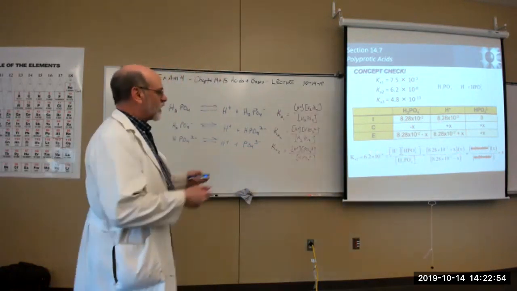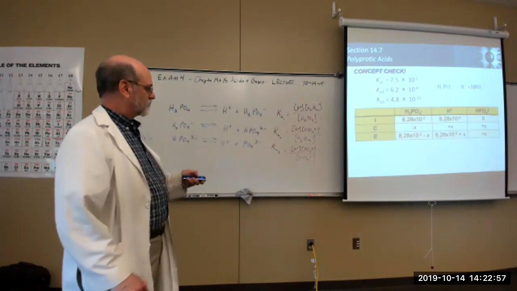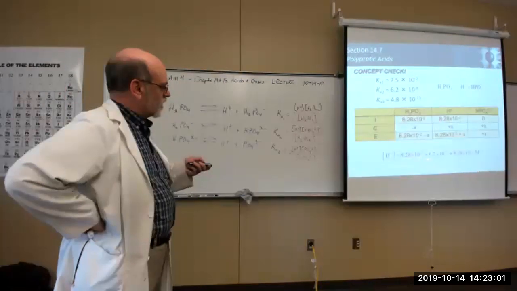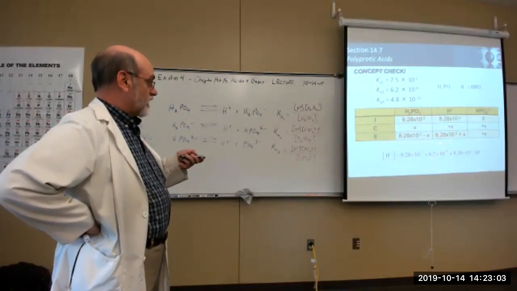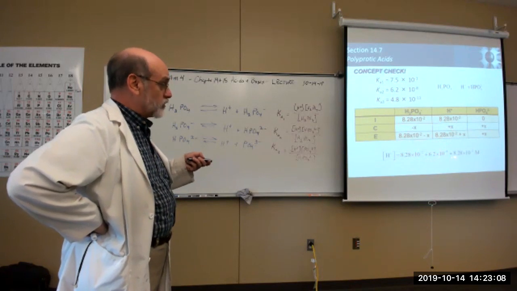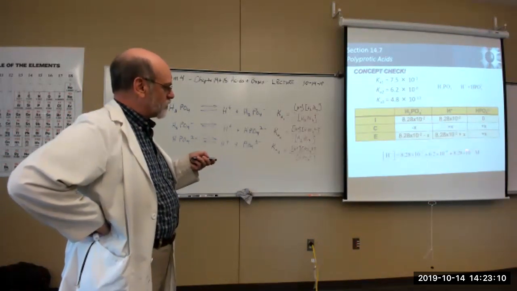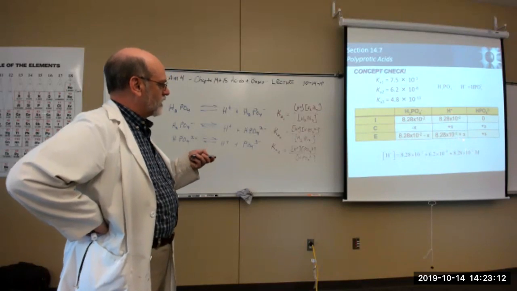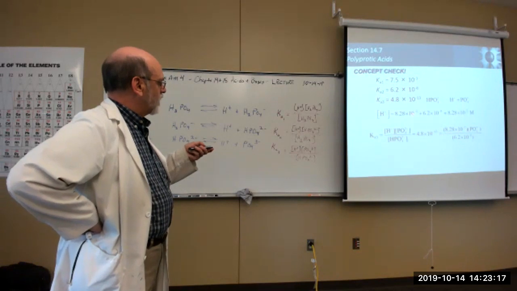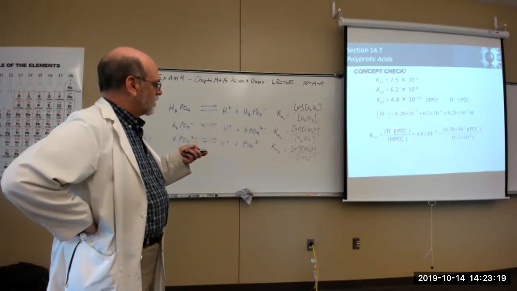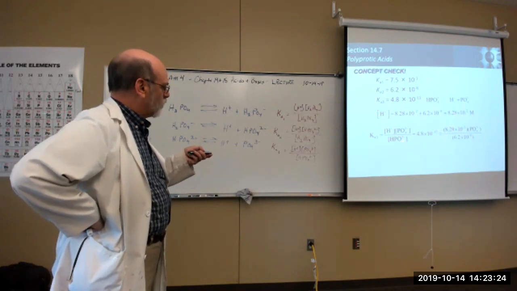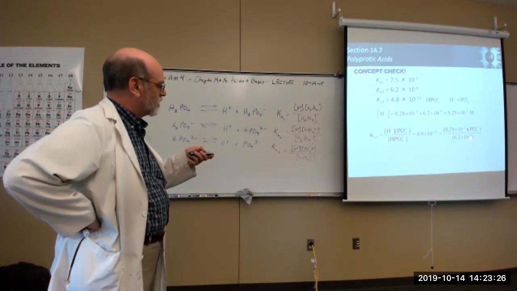Okay. Now we can go to the next step. And we know that the hydrogen ion concentration that we start with, well, actually that we end with, is this plus the Ka value, Ka2, will give us this value for the hydrogen ion concentration. And that means that the hydrogen ion concentration is here, and HPO4 2- is there.